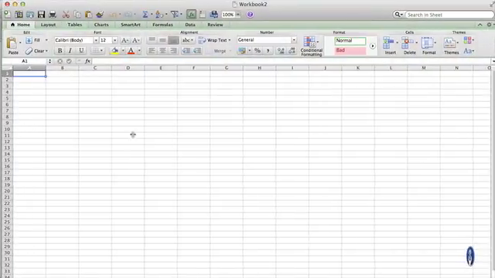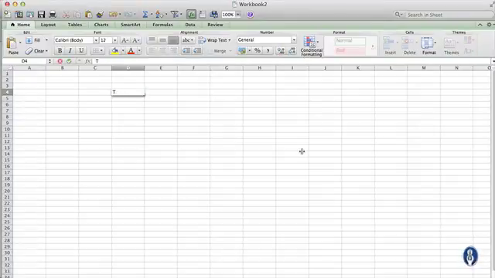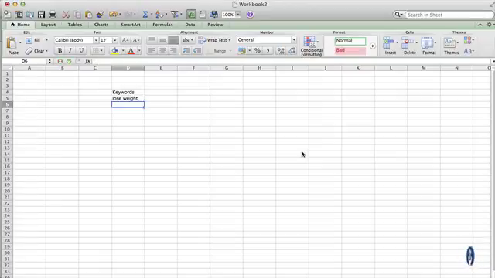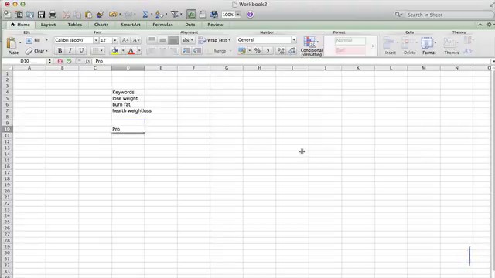All right, so here's a spreadsheet. So let's say, for example, you said, I want to look at keywords. So I say lose weight, burn fat, healthy weight loss, etc. And I would say products.